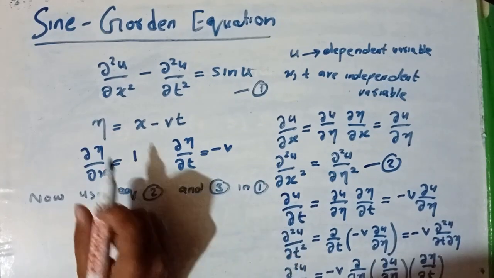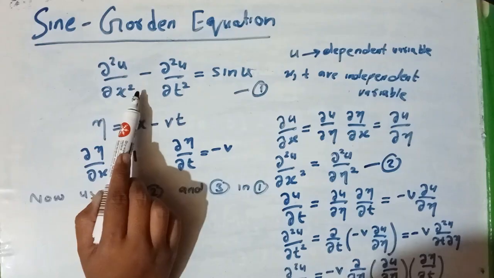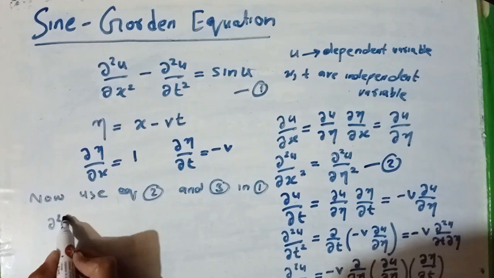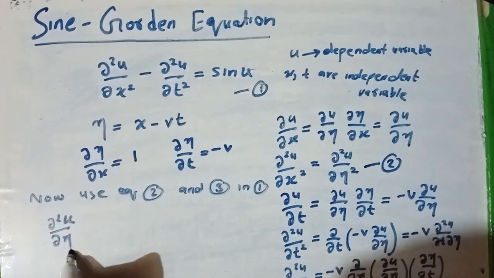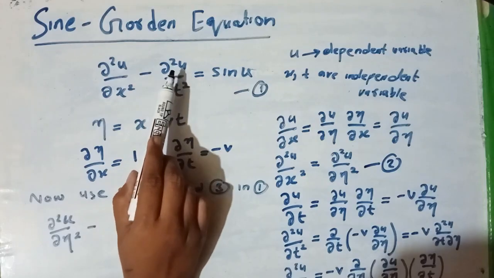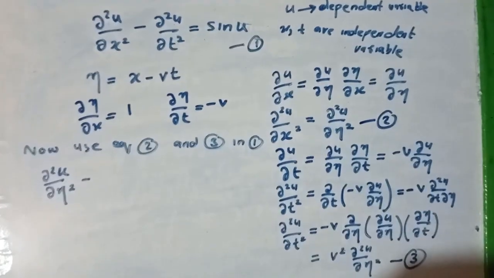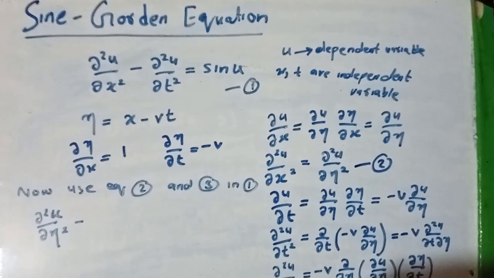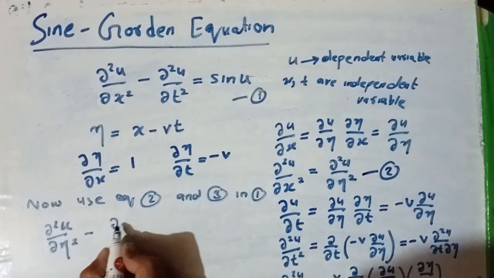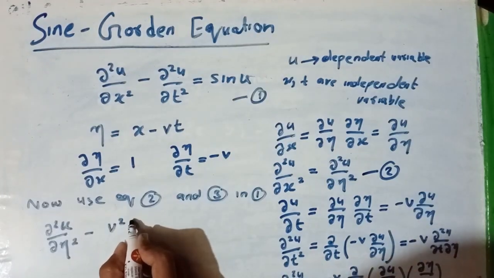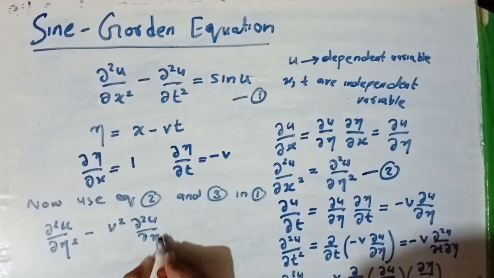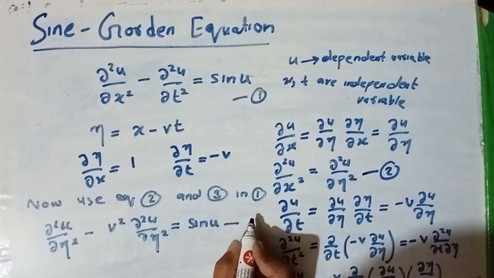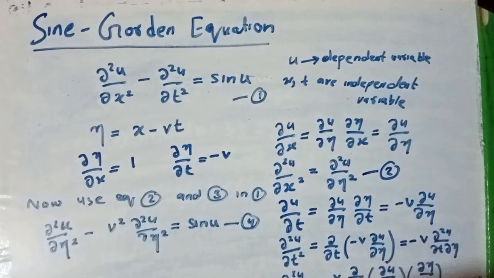So ∂²u/∂x² is equal to ∂²u/∂η², minus ∂²u/∂t², which is equal to v² ∂²u/∂η². So ∂²u/∂η² minus v² ∂²u/∂η² is equal to sin u. This is equation number 4.